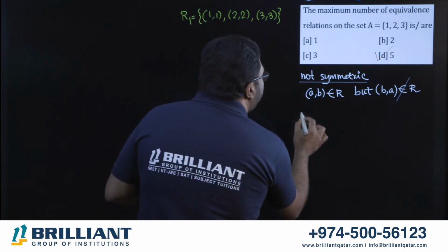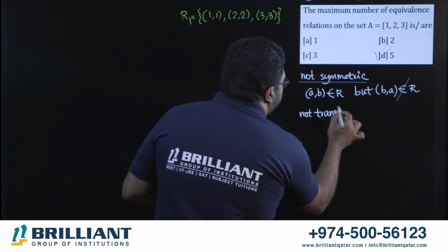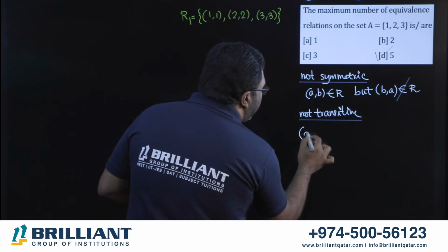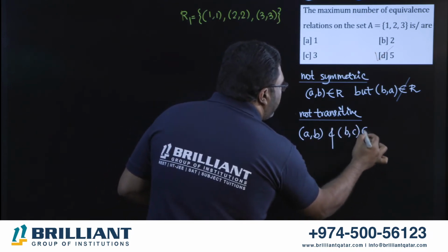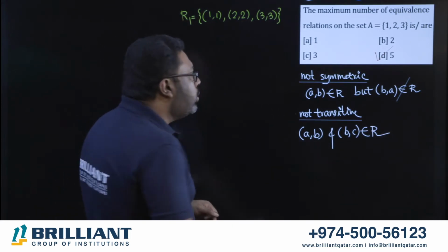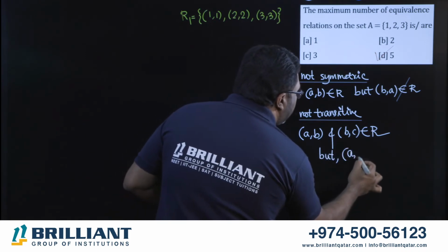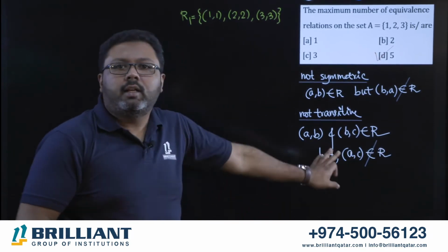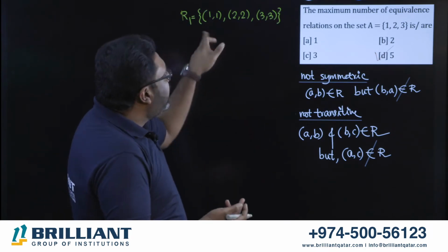What is the condition to become not transitive? The condition is that AB and BC both belong to R, but AC does not belong to R. So look at this.